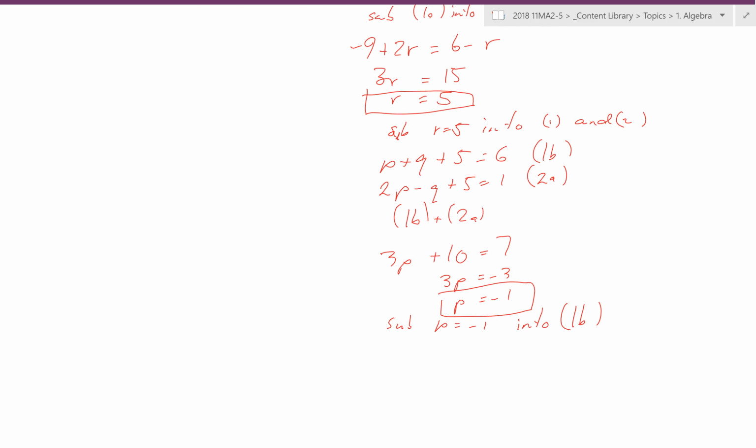And I end up with negative 1 plus Q plus 5 equals 6. Rearranging, add 1 to both sides and take 5 away from both sides and end up with Q equals 2. Righto, and there's my solution. R equals 5, P is negative 1, Q equals 2.